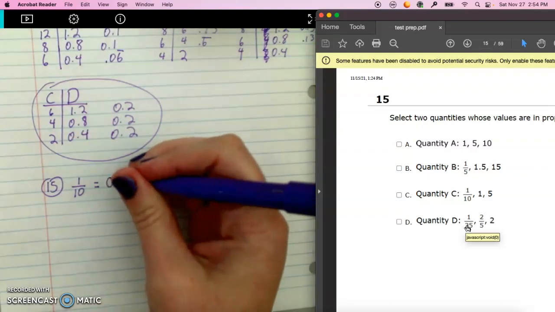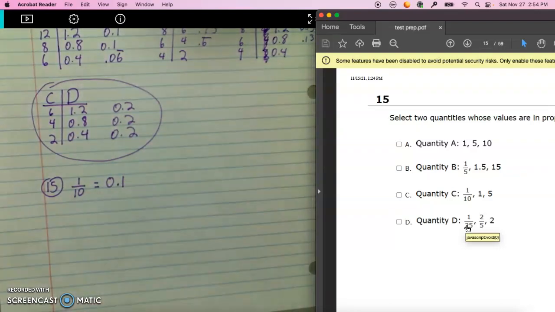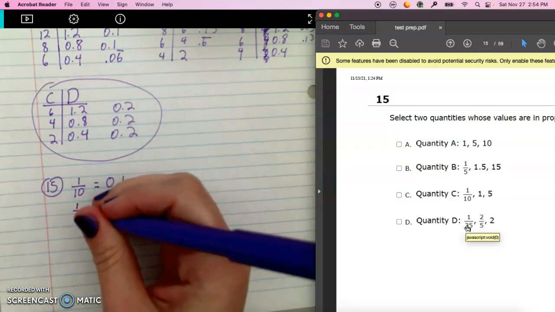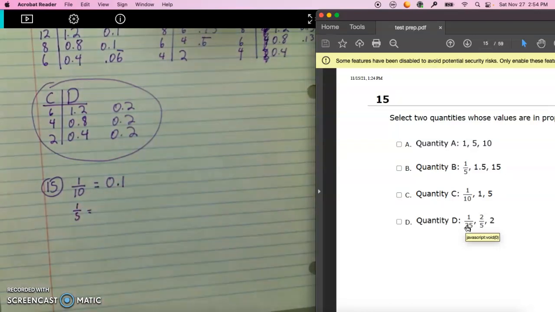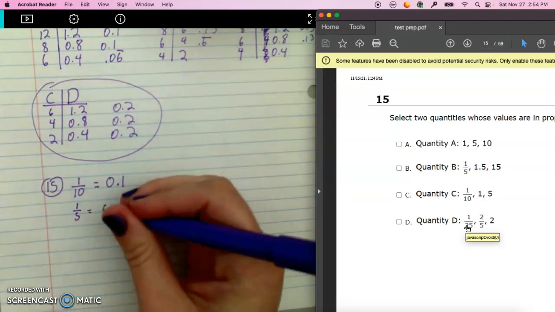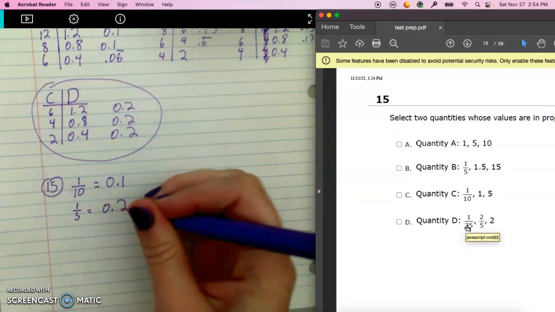So couldn't you, instead of using fractions, just use this decimal? Why, yes, you could. If I didn't want to use 1/5, that would just be 1 divided by 5, which is 0.2. You see what I'm doing?